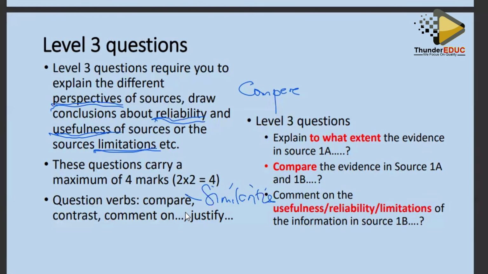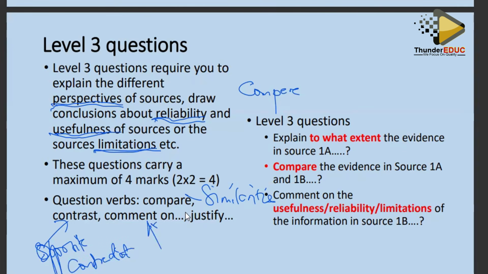And you can also be asked questions like contrast of sources. When you're contrasting sources, you're looking at how the sources say the opposite. When sources are contrasting each other, they are saying the opposite. It's the opposite of each other. How do they oppose each other? Or how do they contradict one another? Right. And also comment on.